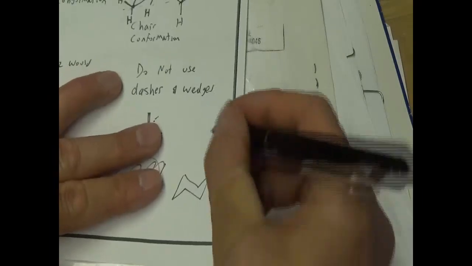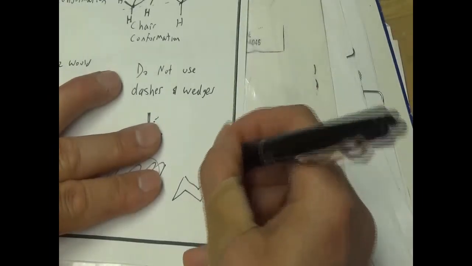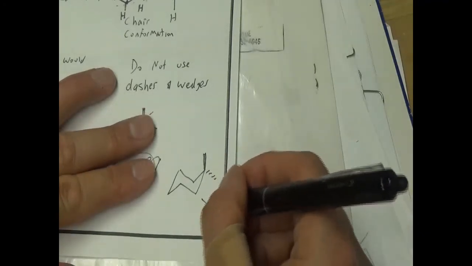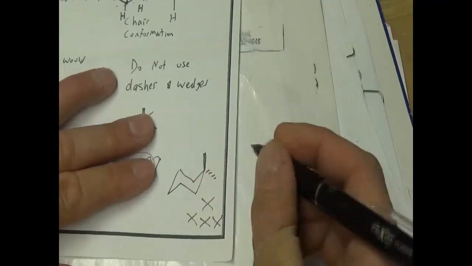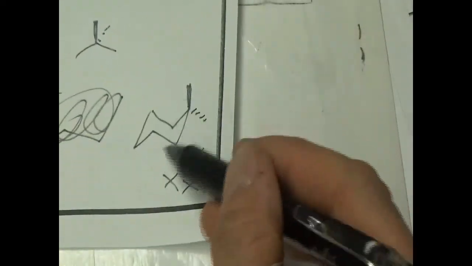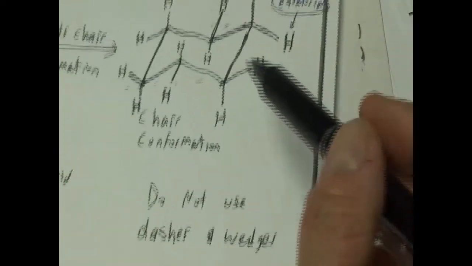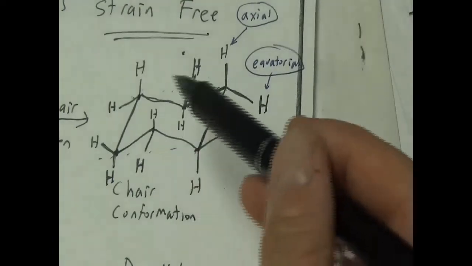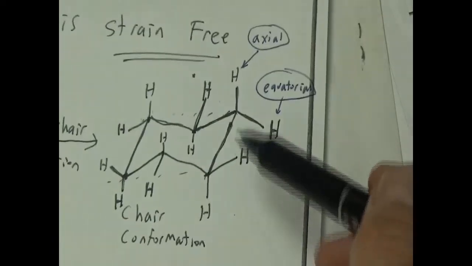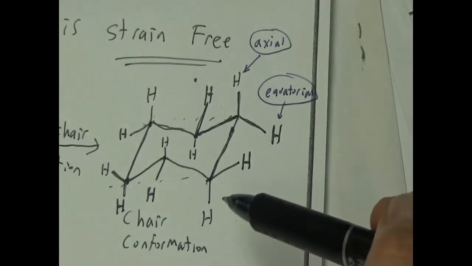You'll draw something like this, and they might start to do a wedge or a dash. That is wrong. Never do that. You'll never have a reason to draw dashes and wedges on a cyclohexane like this. You just use the up and down axials and up and down equatorials, and that shows the three-dimensionality of it all. Okay.